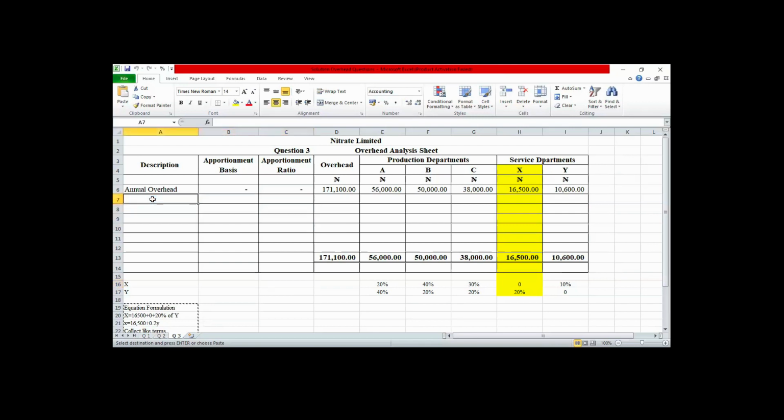Now, what are we meant to do here? We have x. We now apportion x to the three departments on the basis of the service they have rendered. How do we do that? What is the basis we are using?